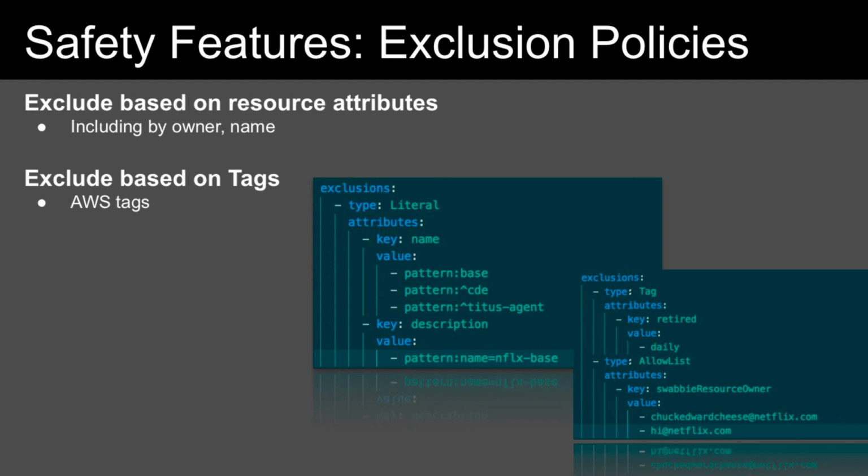And base, that's to avoid deleting anything that contains the name base in it. Similarly for Titus agent, we do not want to delete those, so we exclude them automatically. So any resource attributes can be used to exclude or allow a resource out of consideration or for consideration.